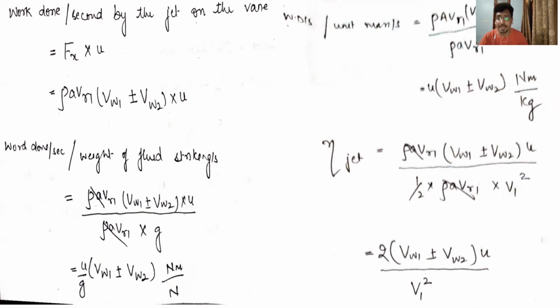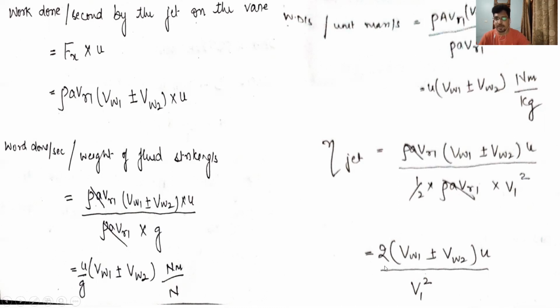Now, if we have to find the efficiency of the jet, the efficiency of the jet is given by the work done per second, that will be this, divided by the kinetic energy. So it will be rho A VR1 (VW1 plus minus VW2) into U divided by half rho A VR1, this is the mass flow rate, into V1 square.